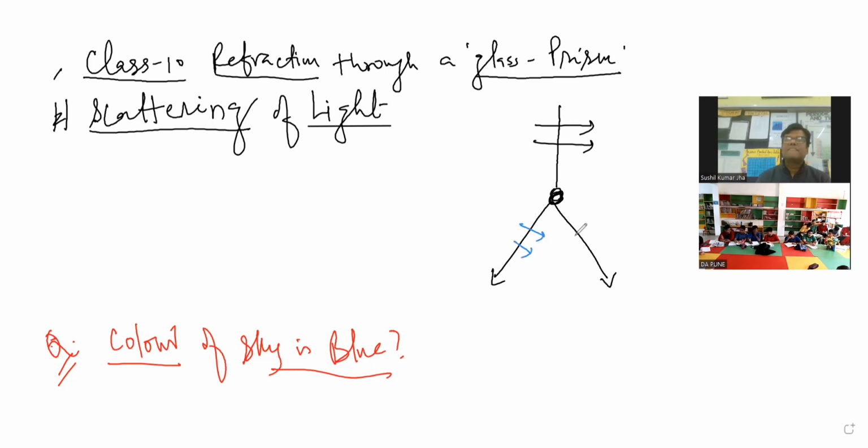Now you see, over here I have drawn two parallel arrows. Here two dots are there. These dots are called the perpendicular component of light and these arrows are the parallel components.